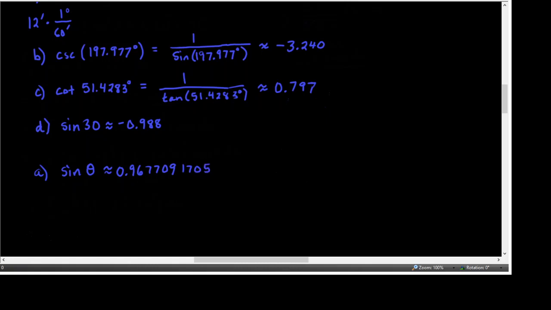What you're going to be using to find this is something called inverse sine. To solve for theta, and I would want you to write this down, theta will be found by doing sine inverse of that number.